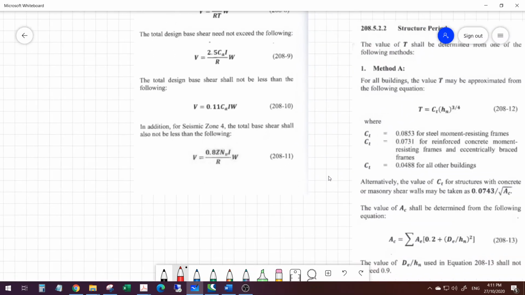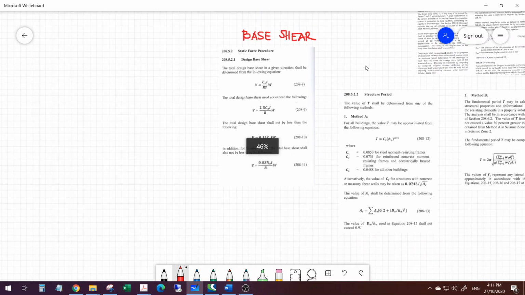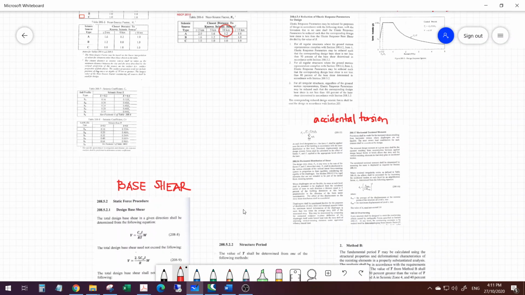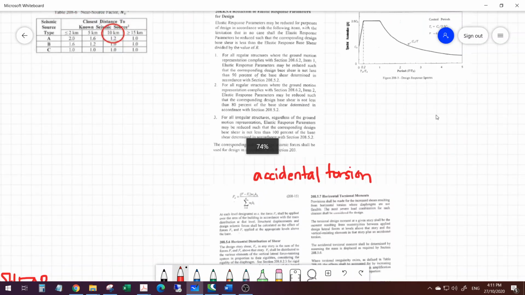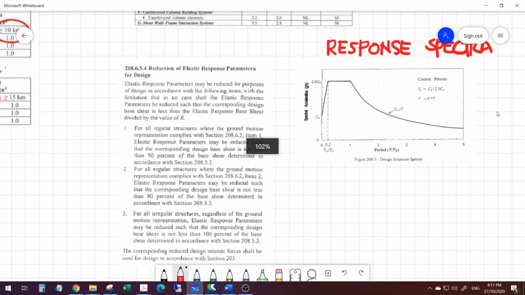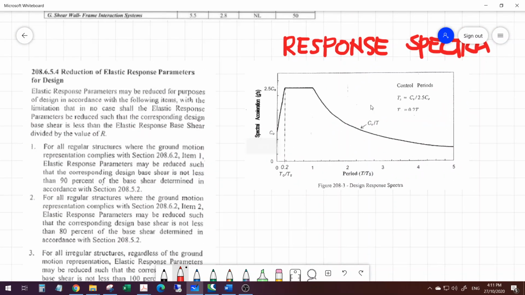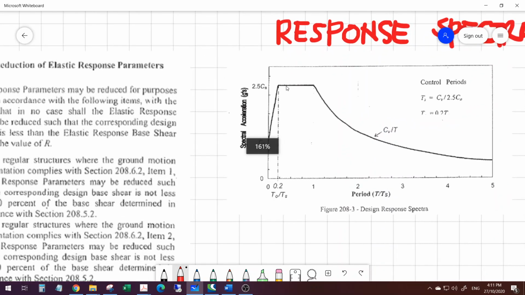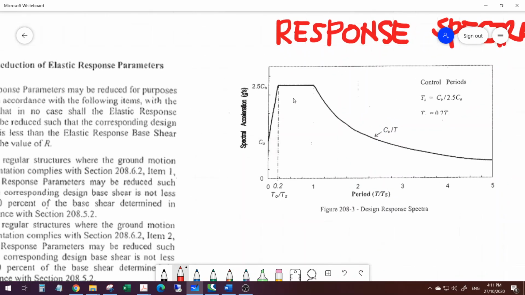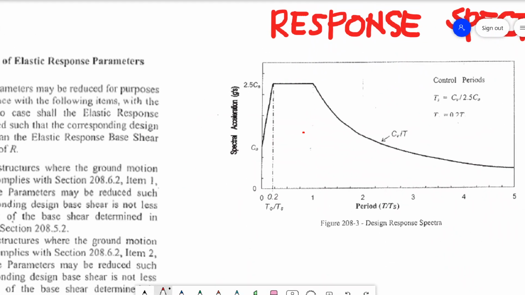Okay, so I'd like to show you the response spectra here. If you notice, you can actually derive the earlier base shear formulas here. So this is our response spectra. It's a plot of acceleration versus period. And what do you notice? 2.5 Ca is here.